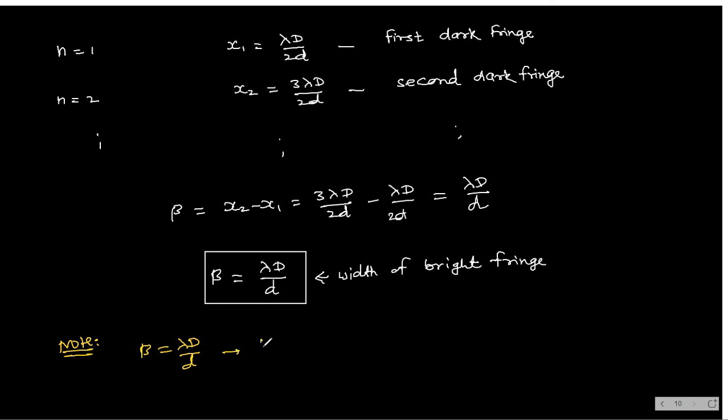It is independent of n, because all fringes are of the same width. Very good. All fringes are of the same width. If they ask you the width of the seventh fringe, whatever it is, it is the same as the first.